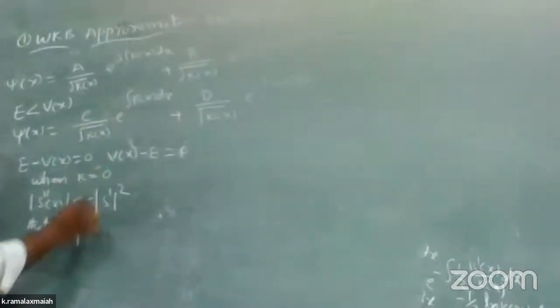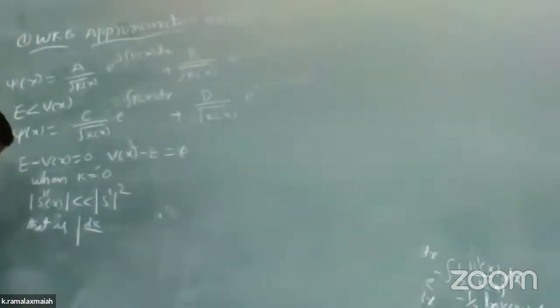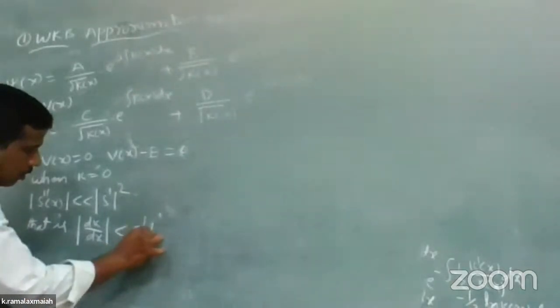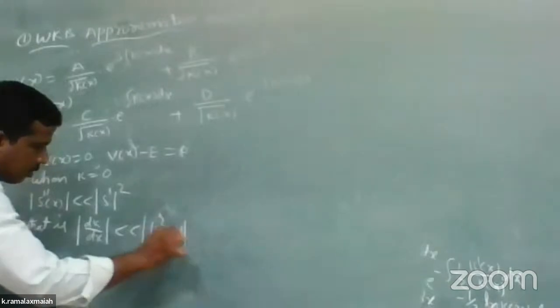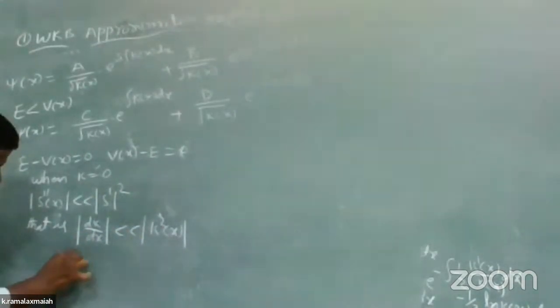To prove the equation, that is, modulus of dk by dx is much greater than k square of x. So finally you find the lambda of x.